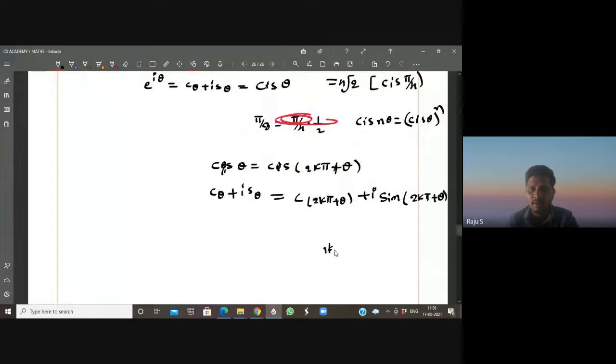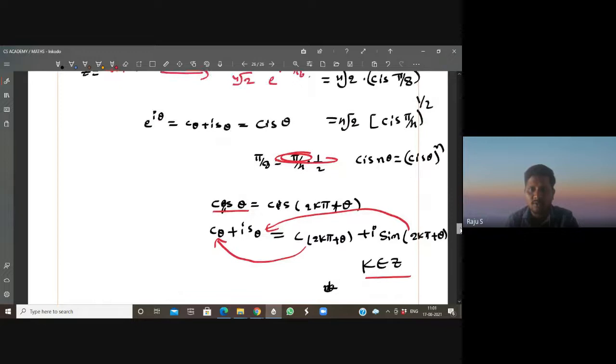Here k belongs to Z. Substitute k equal to 0, 1, 2, 3, whatever, for any integer. So cos of 2k pi plus theta becomes cos theta. Sine of 2k pi plus theta becomes sin theta. Shall I equate? So shall I write cos theta plus iota sin theta as cis theta, and cos of 2k pi plus theta plus i sin of 2k pi plus theta as cis 2k pi plus theta? We can write so. Here also, the same general solution we may write like that.